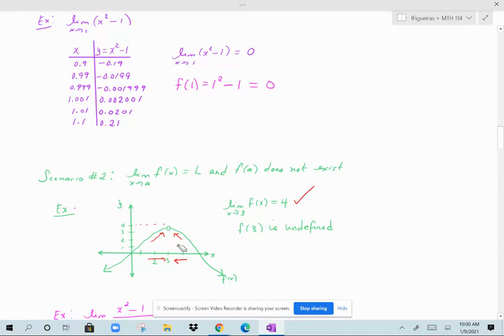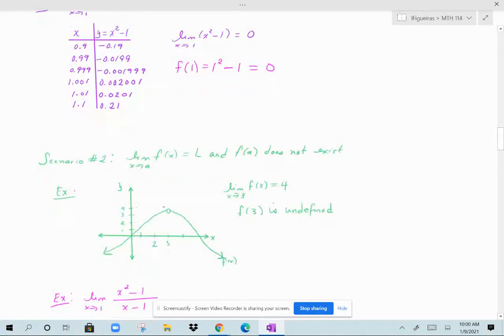So it doesn't have to equal 4, it just has to be close to 4. But then, if I look at this function and I say, well, what is f of 3? You can clearly see that when x is 3, your y is undefined. So it's an example of where the limit exists, but your function does not. So scenario number 2.